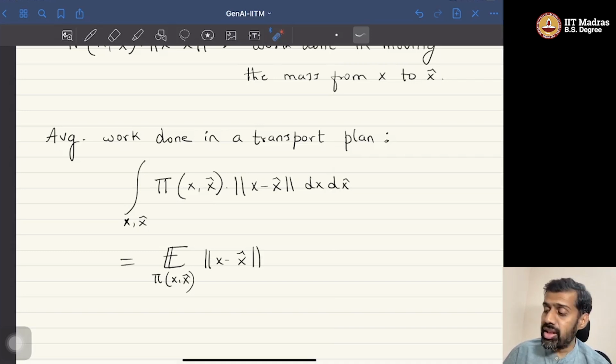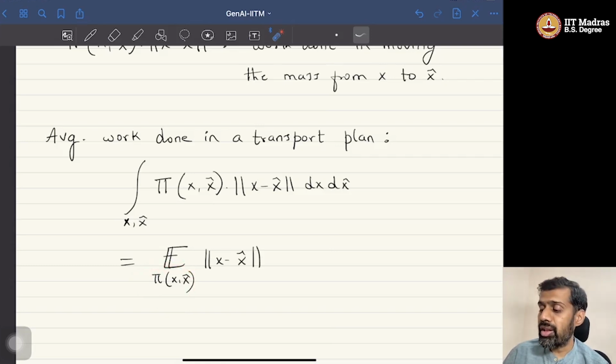and the average work done in a transport plan is given by the expected value of the norm of x minus x cap, while the expectation is taken with respect to the joint distribution between the random variables, and this is the particular transport plan that we are looking at.